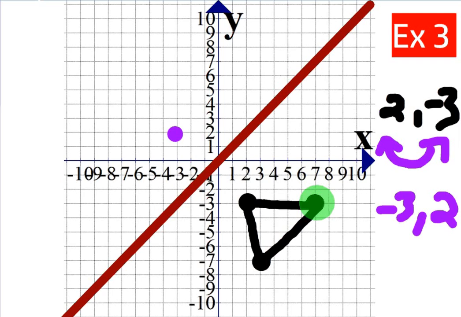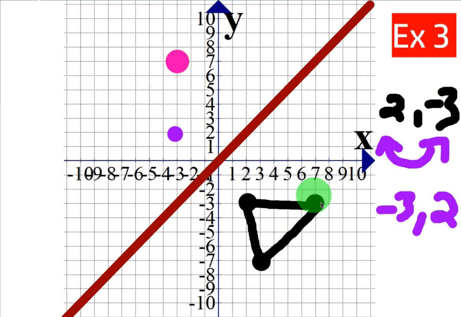So I'm going to go ahead and plot -3, 7 on here. It's going to be right there. And again, as you can see, that point is exactly the same distance from our middle red line as this point is. So that's good. I made it a little bit bigger than my first point.